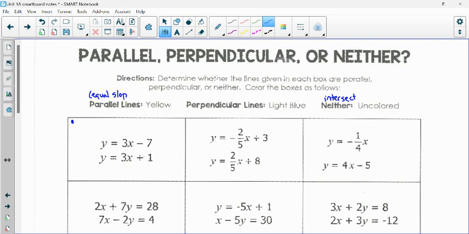Or same slopes if you prefer that. The perpendicular lines are going to have that opposite reciprocal slope. So again, change your sign and flip your fraction. And then the neither just means they're going to intersect. Those are going to have just different slopes.